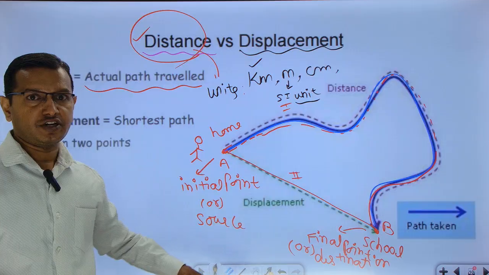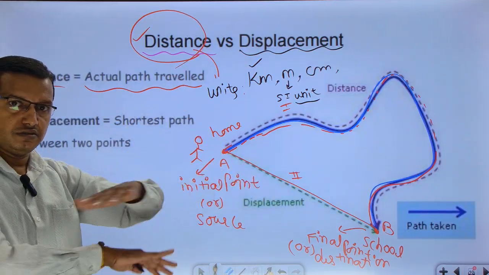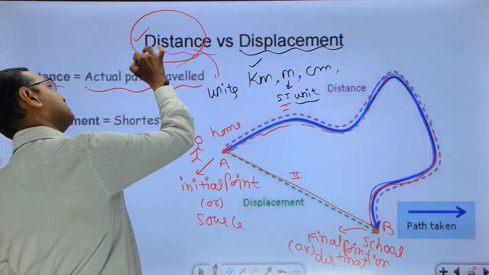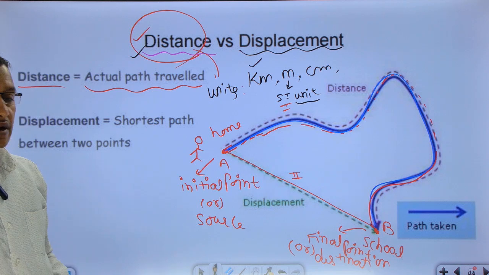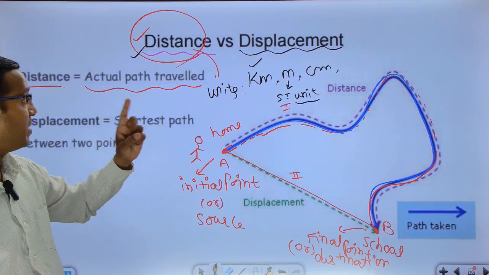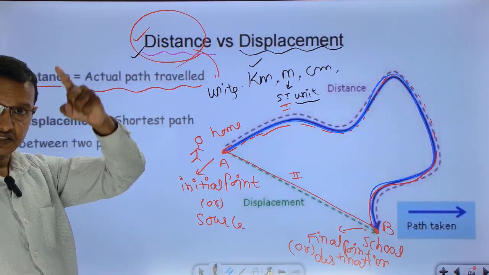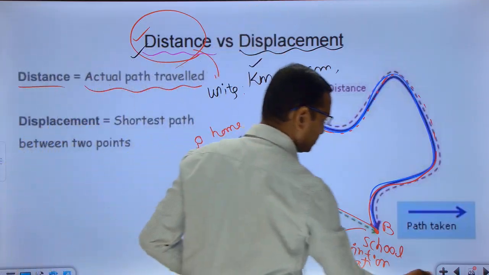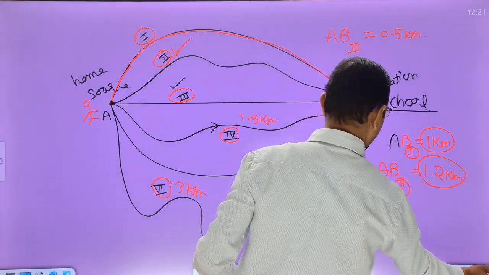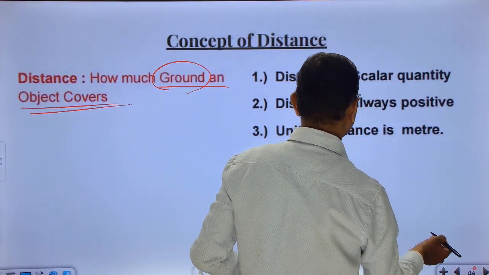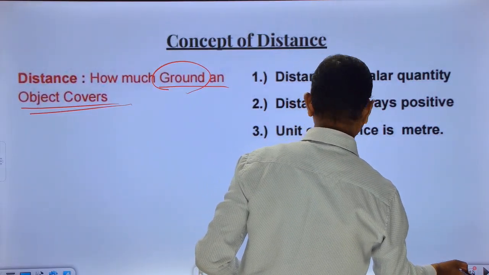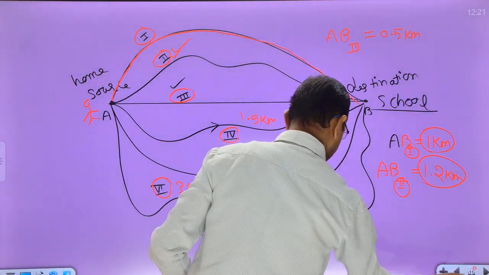If it is not the shortest between those points, then it is never a displacement, it will simply be a distance. One very important difference between distance and displacement is that distance is a scalar and displacement is a vector.